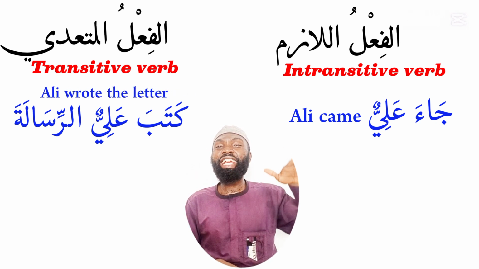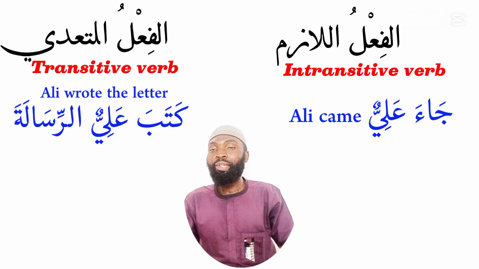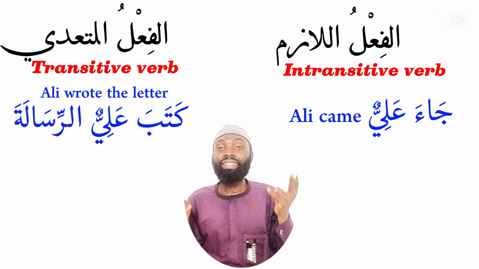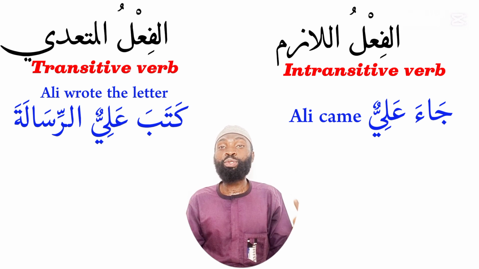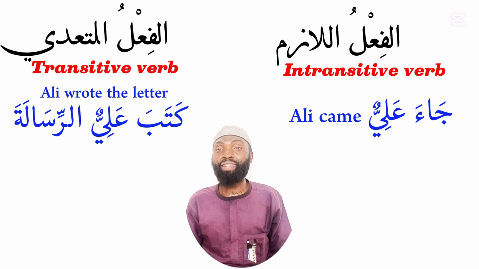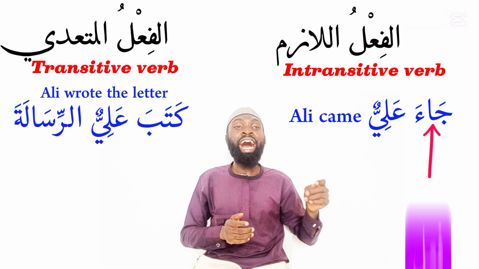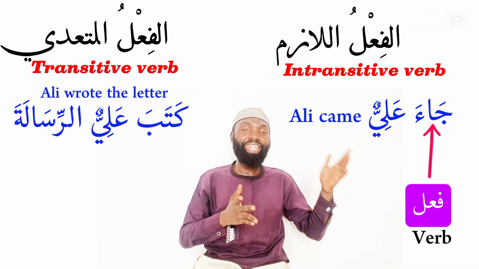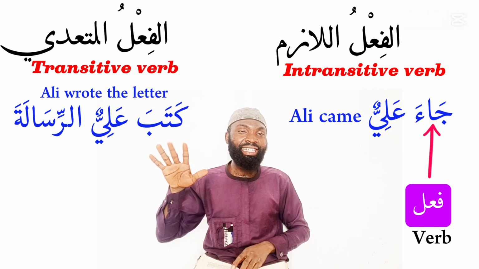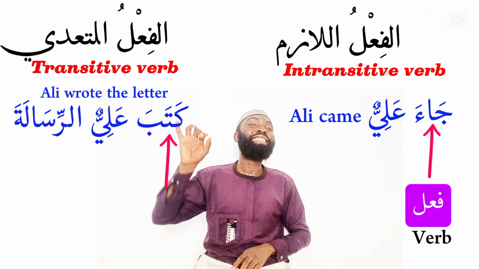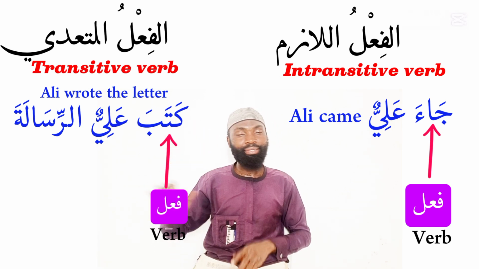Ali wrote a letter. What we are looking at from these two sentences is the verb which appears in each of them. The first one has the verb Ja'a, which means he came, Ali came. The second sentence has the verb Kataba, which means to write.